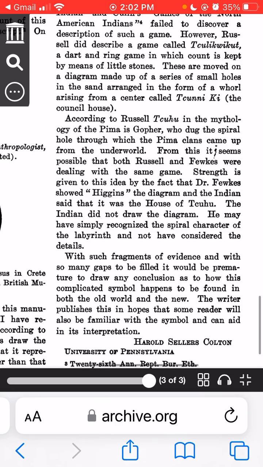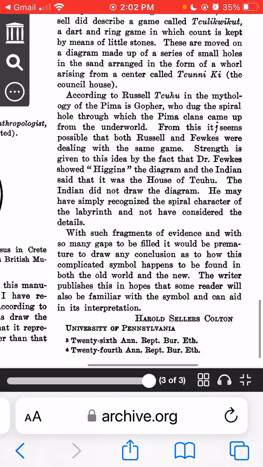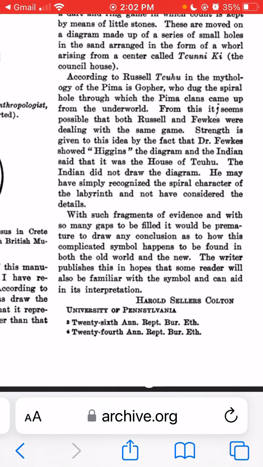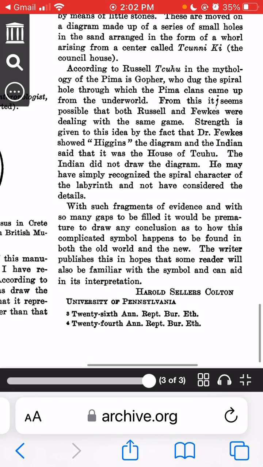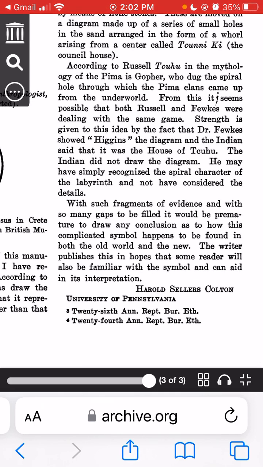These are moved on a diagram made up of a series of small holes in the sand arranged in the form of a whorl arising from a center called Tcuhu, the council house. According to Russell, Tcuhu in the mythology of the Pima is Gopher, who dug the spiral hole through which the Pima clans came up from the underworld. From this, it seems possible that both Russell and Fuchs were dealing with the same game.